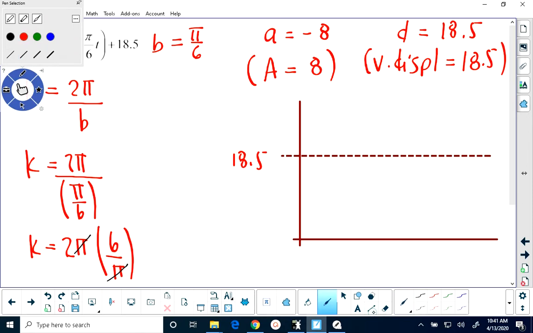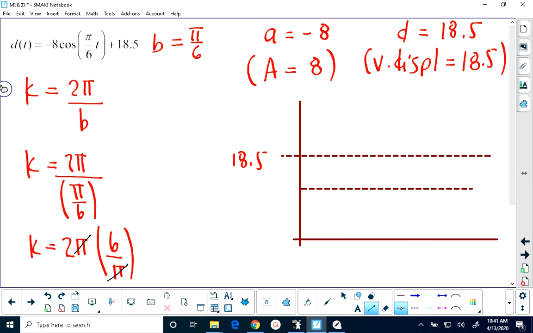If the amplitude is 8, then that means that 8 below the vertical displacement and 8 above the vertical displacement will be the places where the graph is confined to.